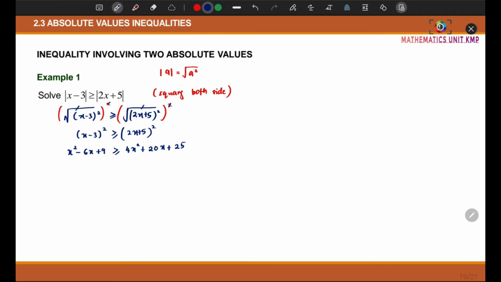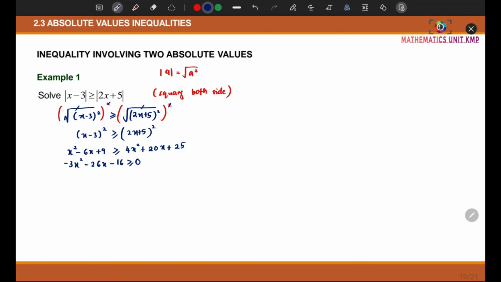So we simplify our inequality. x squared minus 4x squared is negative 3x squared. Negative 6x minus 20x is negative 26x. And 9 minus 25 gives negative 16, greater than or equal to 0.